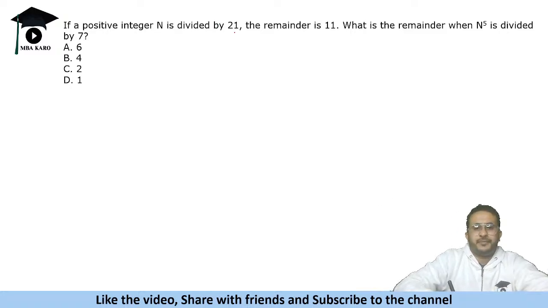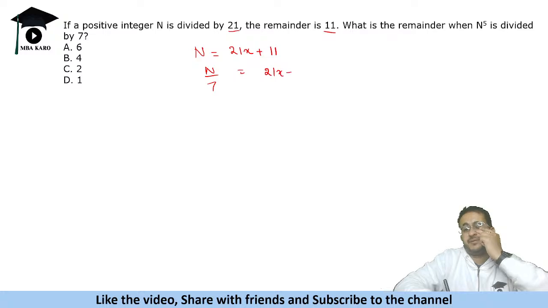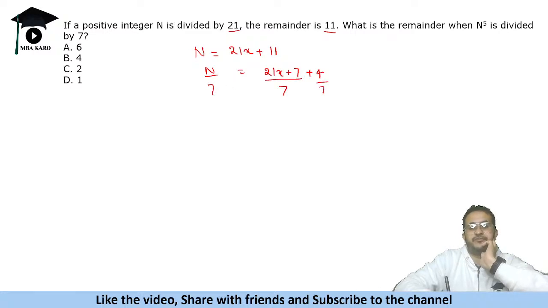So n is divided by 21, the remainder is 11. So that means n is 21x plus 11. Okay. If we divide n by 7, what will we get? This is completely divisible. 3x plus 11 by 7. Now, if you split 11, like if I make it 21x plus 7 plus 4, and this is n, and if we divide by 7, it becomes this by 7 plus 4 by 7.